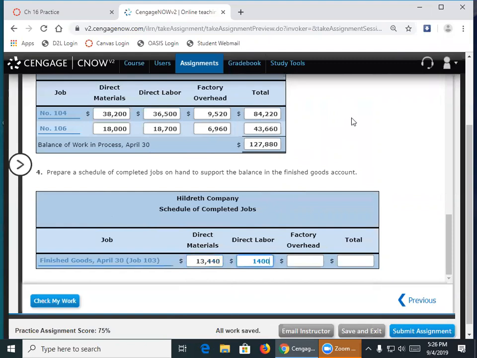Labor is 14,000. Overhead is $5,040. For a total of 32,480. And again, if I were to look at that T account, it would match that.